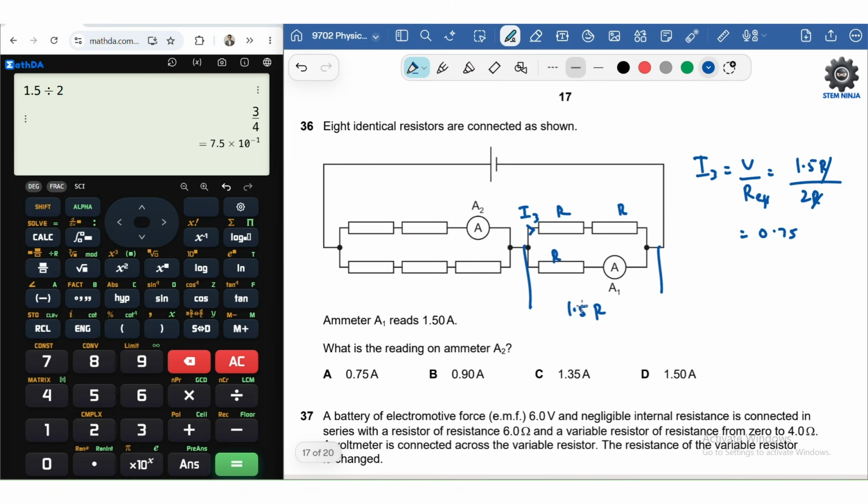So 0.75 amps is passing here. This means that the total current passing through the circuit is 0.75 plus 1.5, so this is 2.25 amps. So 2.25 amps is distributed in these two branches.